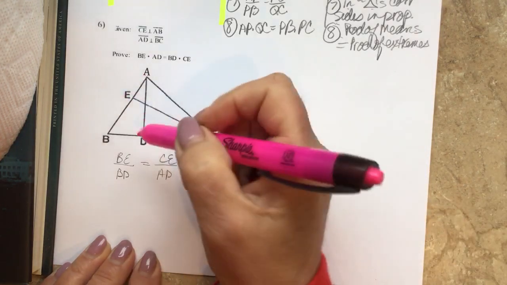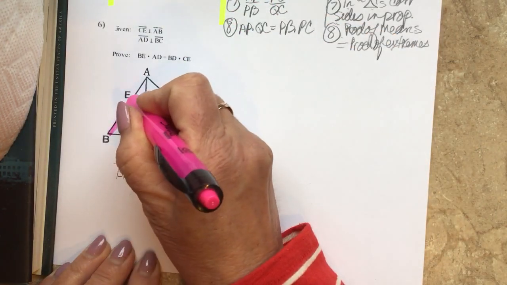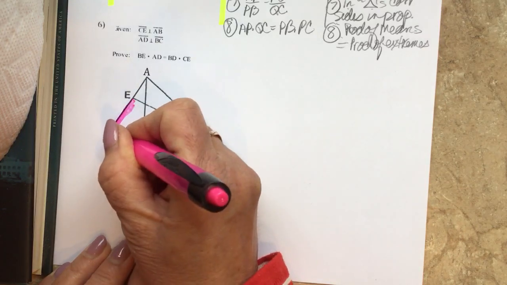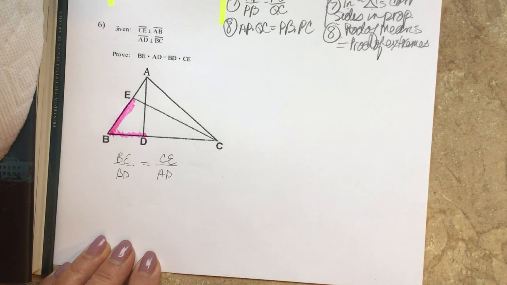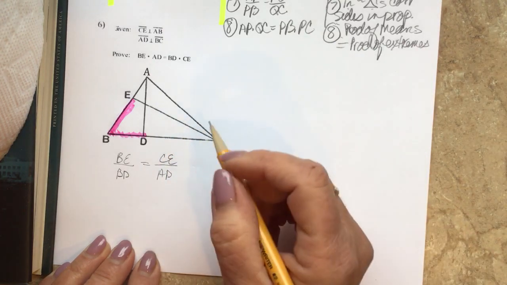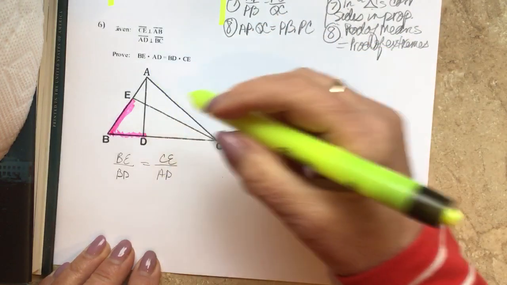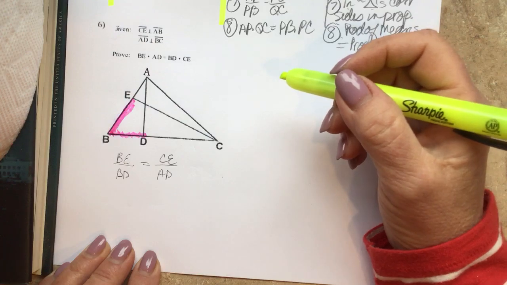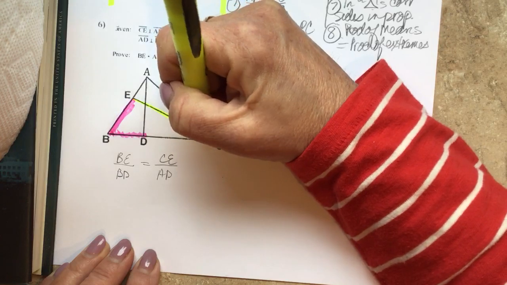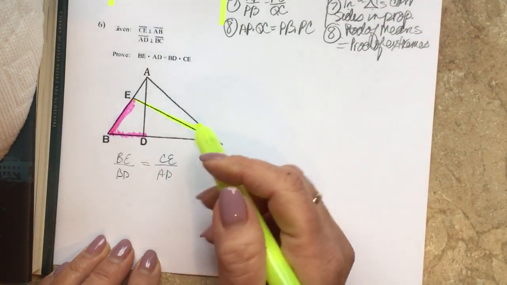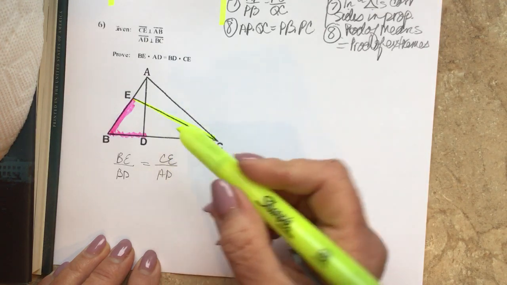All right, BE, BD, oops, sorry, CE and AD.